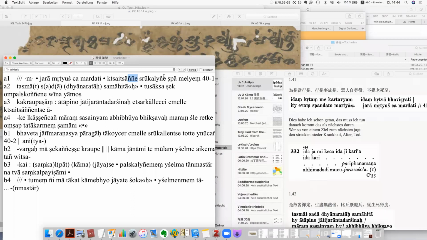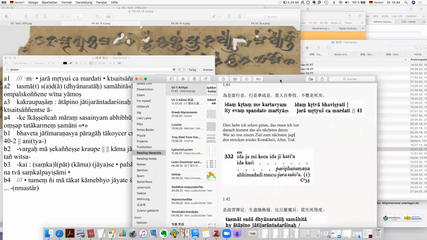And here is a lia. This is a little bit complicated, and so on. Okay, so first let's read the Sanskrit verse to get the meaning, and the Tocharian word we will explain next time.